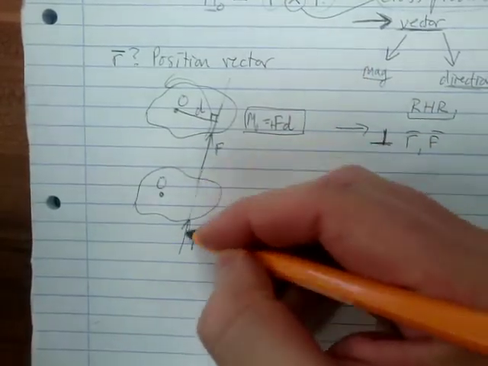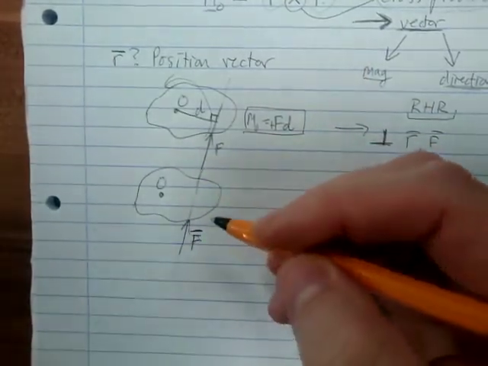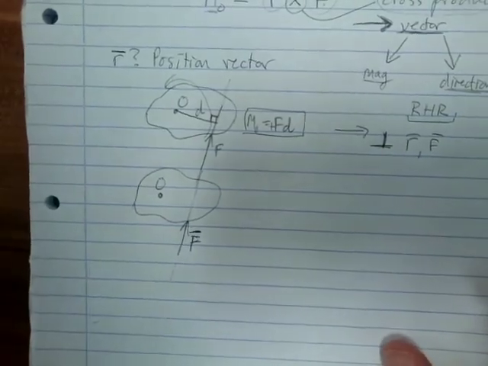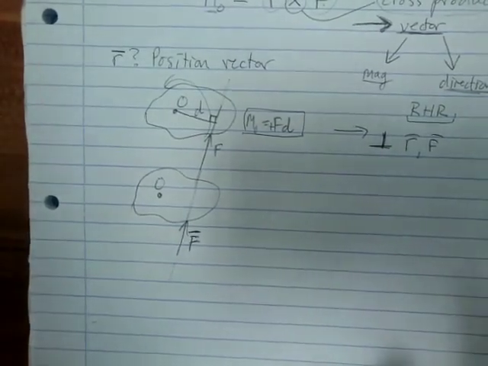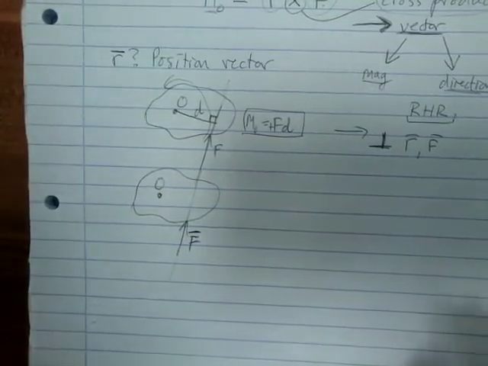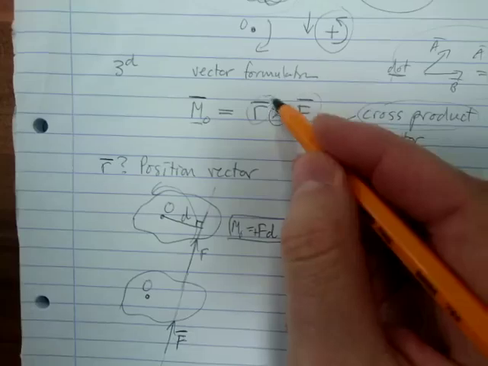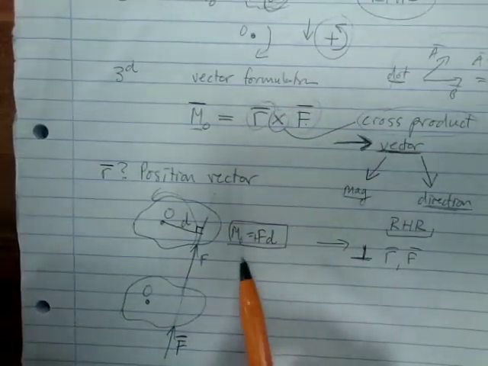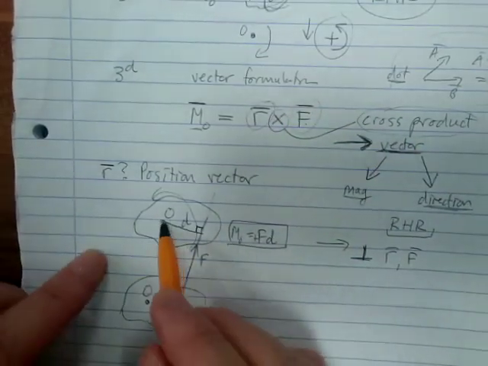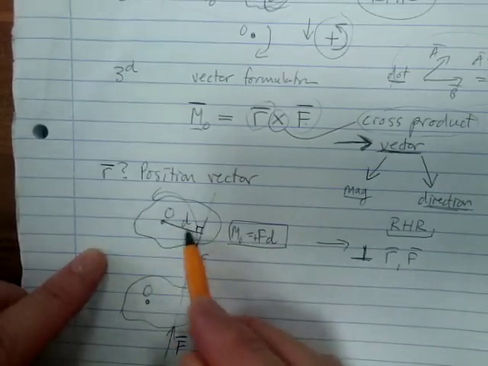Now, how do I determine R? Guys, very important. I want you to repeat this to yourself 20 million times. How do I determine my position vector? Remember in scalar formulation, two-dimensional space, that's how you got your moment arm.